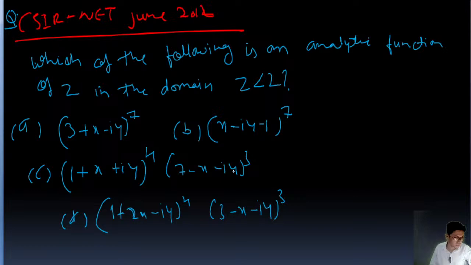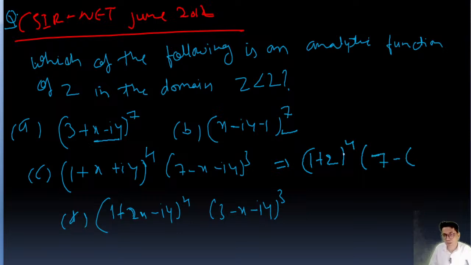So you can see here, x minus iy means z bar is there. So this is not analytic. I have already told you. Here you can see in B, x minus iy, z bar is here. So this is also not analytic function. Check this. So x plus iy is z. So we can write like 1 plus z to the power 4, and minus is common in the 7 minus term, so it is going to be x plus iy, and that is z, right?